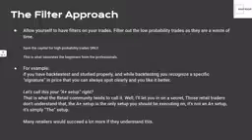Let's take an example, as you may not understand what I mean. If you have backtested and studied properly, and while backtesting you recognize a specific signature in price that you can always spot clearly, visibly, it's always there, and you just naturally like it better.